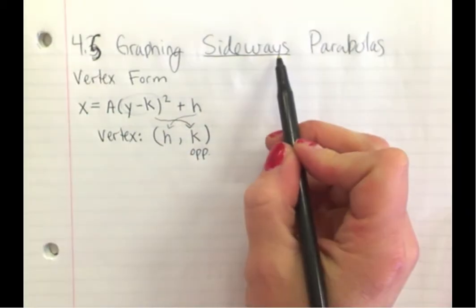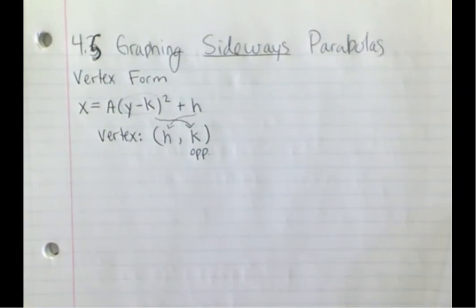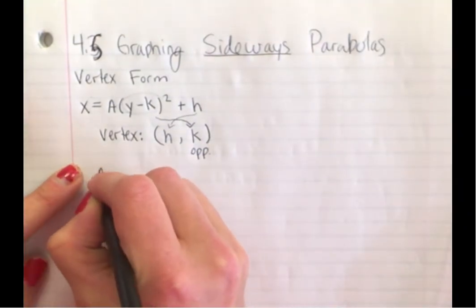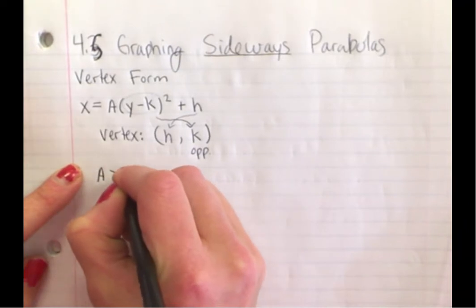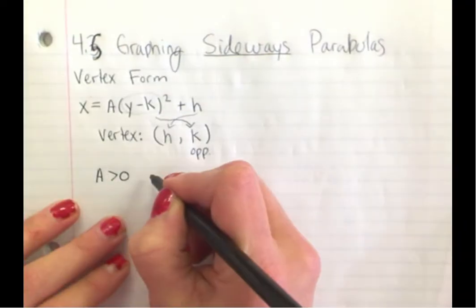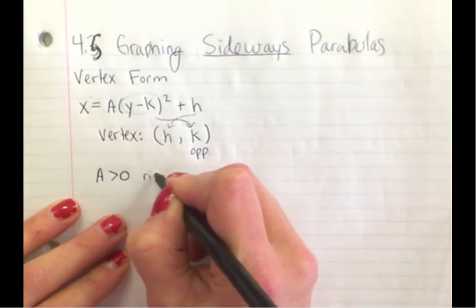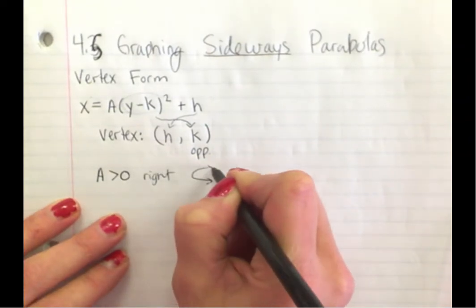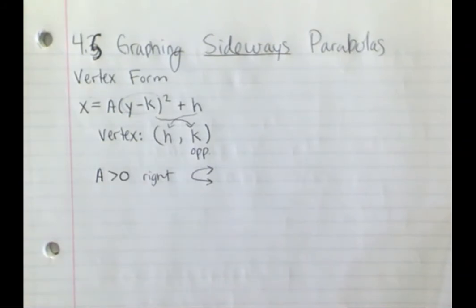Well, it's sideways, so I need to know how to figure out which direction this opens. So if A is positive, that will open right. I'm just going to sketch a little picture. Everything you learned about vertex form still applies.